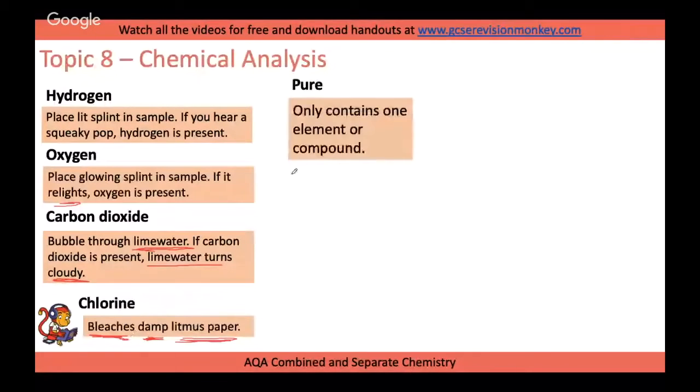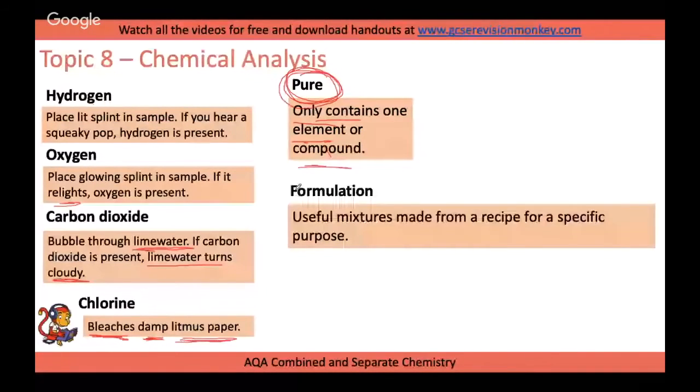Let's talk about different compounds then. Some materials are pure. They only contain either one element or one compound, nothing else. Others are specific formulations. Now, this is the definition you'll need to know.